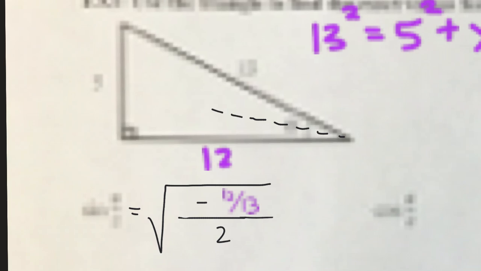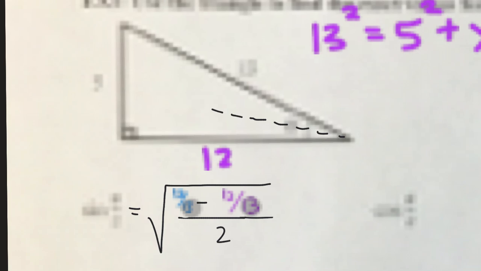If I'm going to subtract a fraction, I have to create another fraction. So I'm going to change my 1 into 13 over 13. I always change my 1 so that it matches up with my denominator. I have a denominator of 13, so my other denominator needs to be 13.